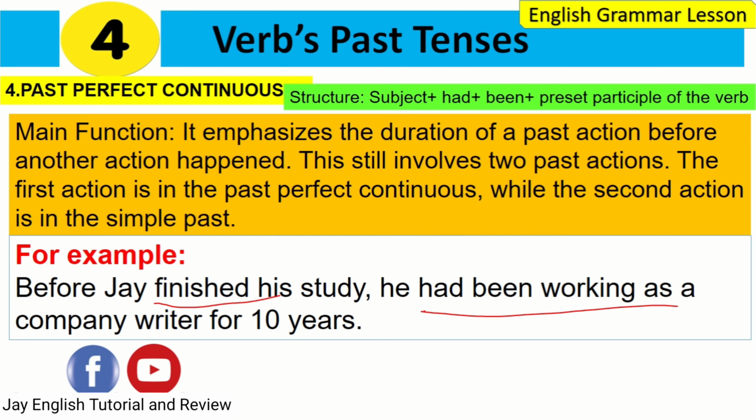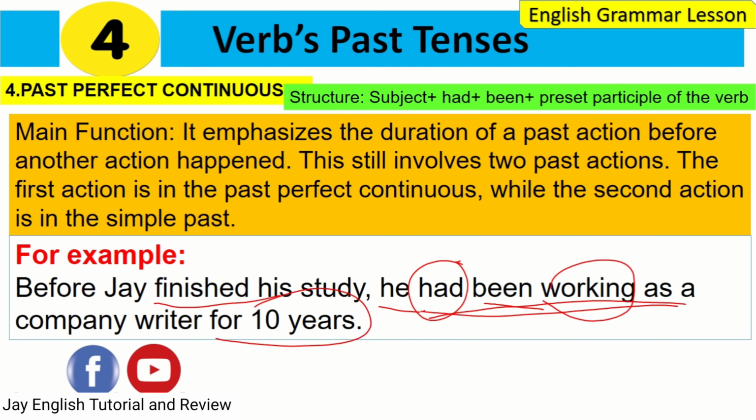Then, it is understood that had been working is our first action because it is expressed in the past perfect continuous structure. We have here the subject he, followed with had, then been, then the present participle working. So it means that he had been working is our first action. Then if you can see in here, we have the time duration, 10 years.